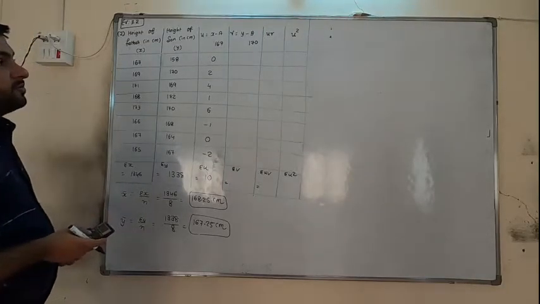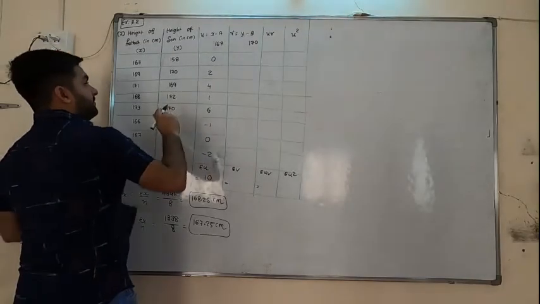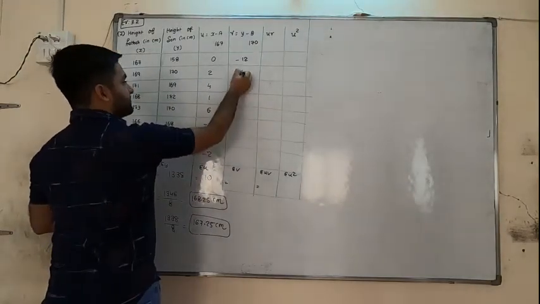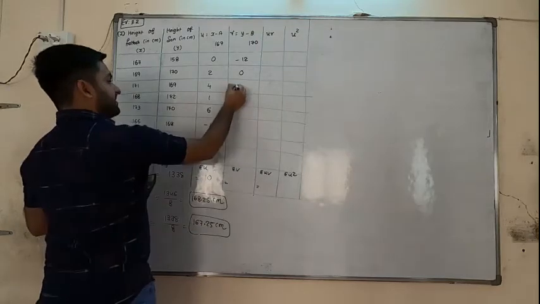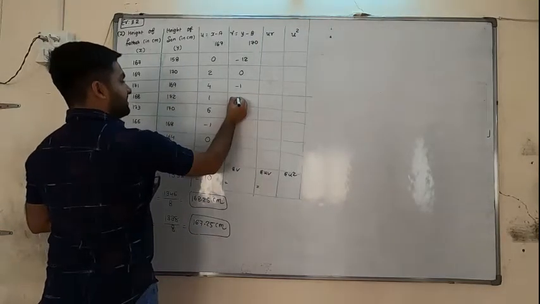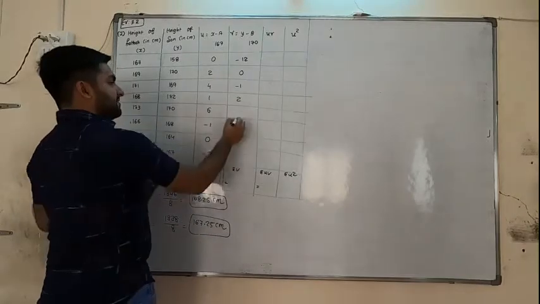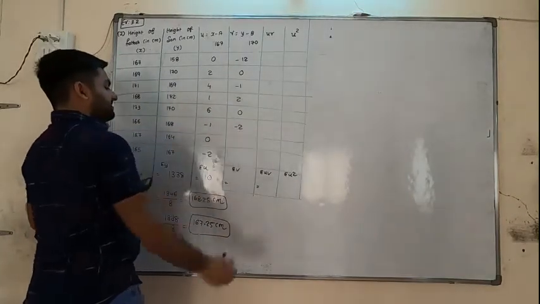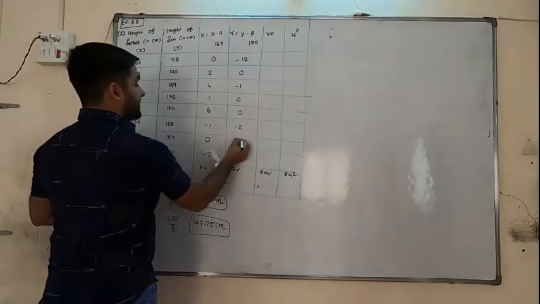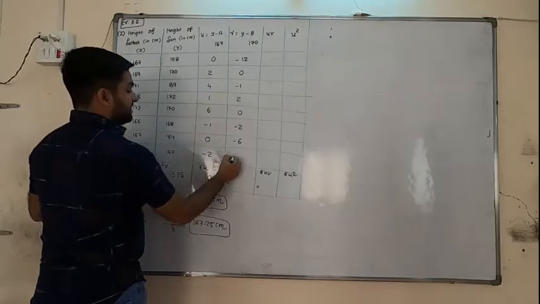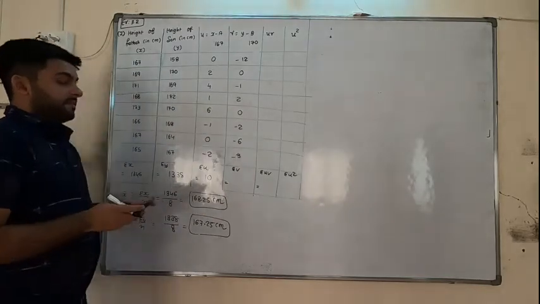Now 170. 158 minus 170 is minus 12, 170 minus 170 is 0, 169 minus 170 is minus 1, 172 minus 170 is 2, 170 minus 170 is 0, 168 minus 170 is minus 2, 164 minus 170 is minus 6, 167 minus 170 is minus 3.